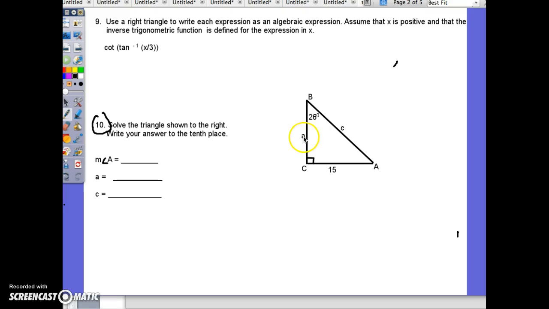So we're missing three features: two lengths, A and C, and the angle A. Angle A would be easy to find. It would be equal to the sum of these two angles, subtracted from 180.